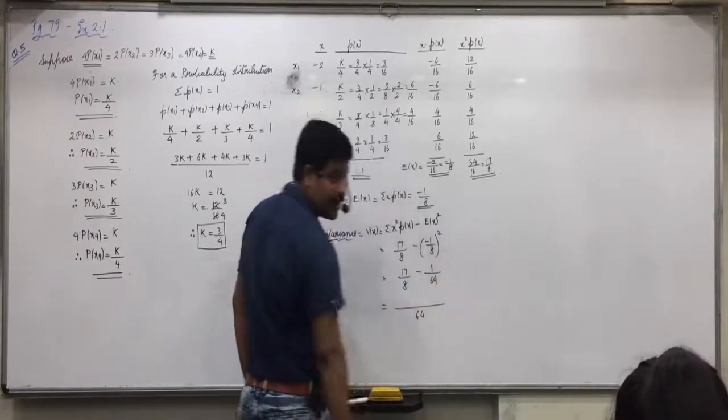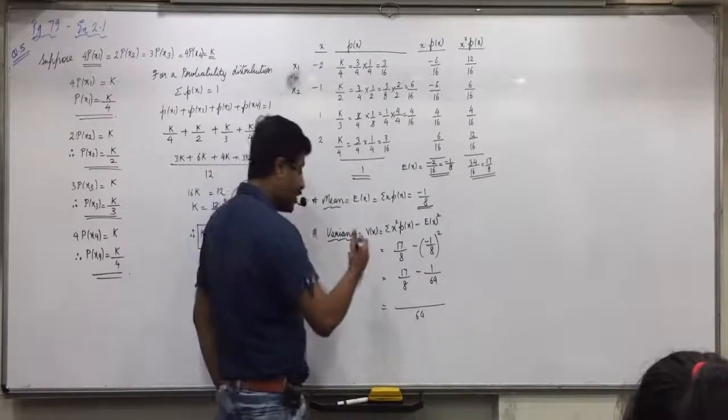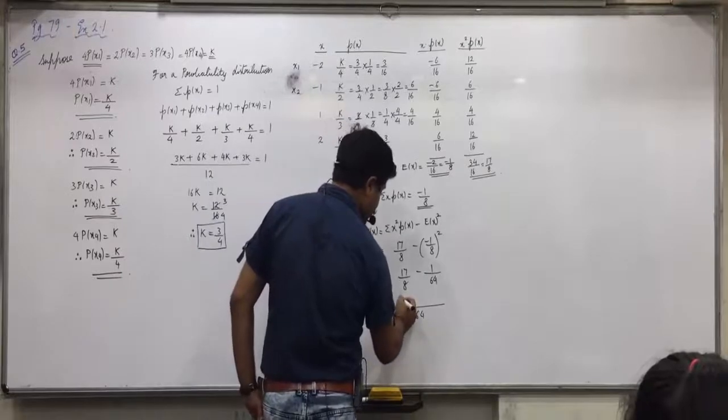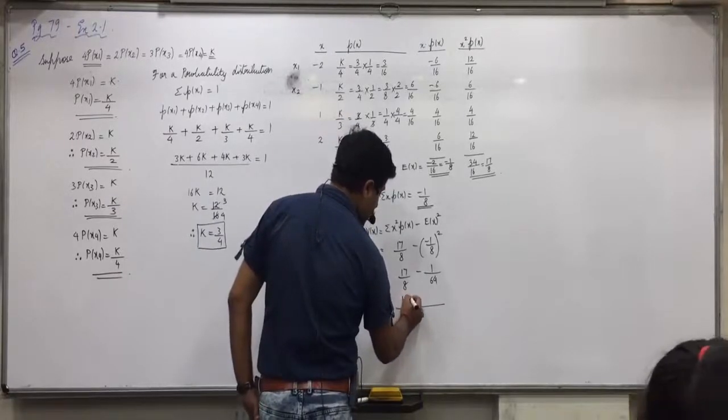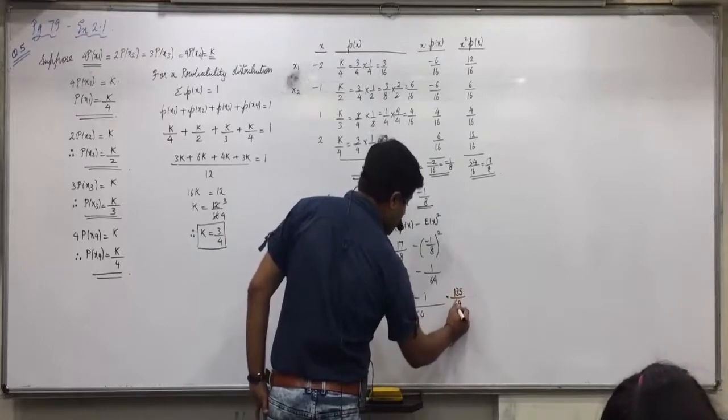LCM is 64 itself. 64 divided by 8 is 8. 8 into 17 is 136. Sorry, 136 minus 1, so 135 by 64.